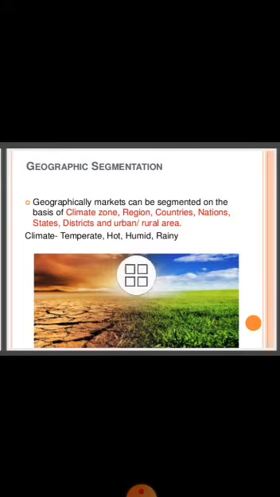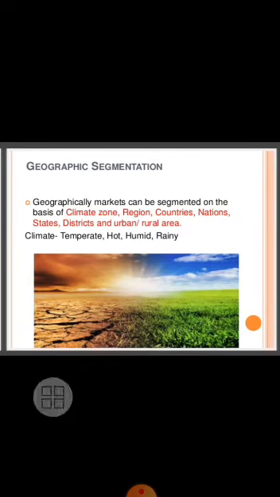Just like the areas where it is cold, there is no concept of air conditioners, and there is no concept of cold drinks or summer clothes, but they use winter clothes, they use leather jackets, and the purchase of tea and coffee is more in those areas. And on the other hand, the areas that are very hot, so summer clothes are more famous there, and the type of shoes that the people wear are different in those areas.